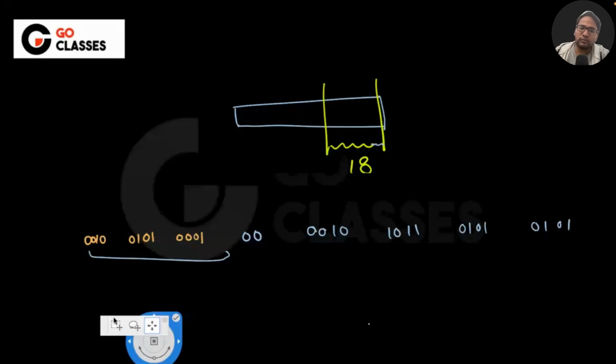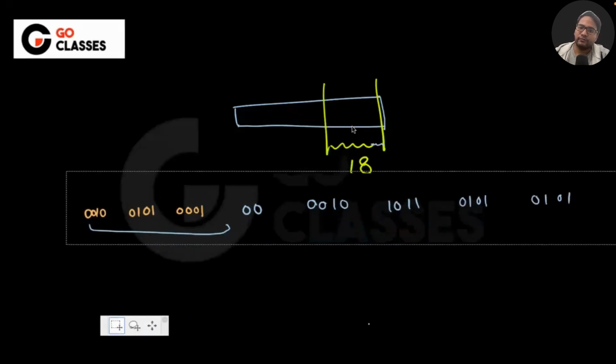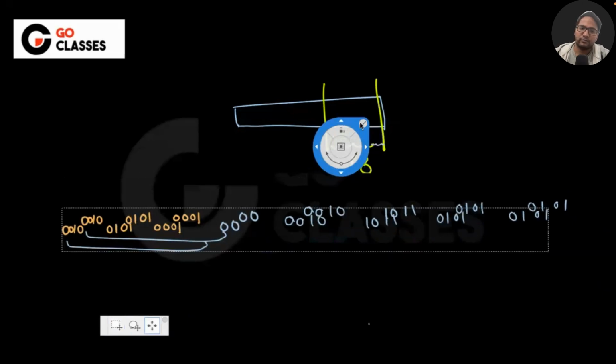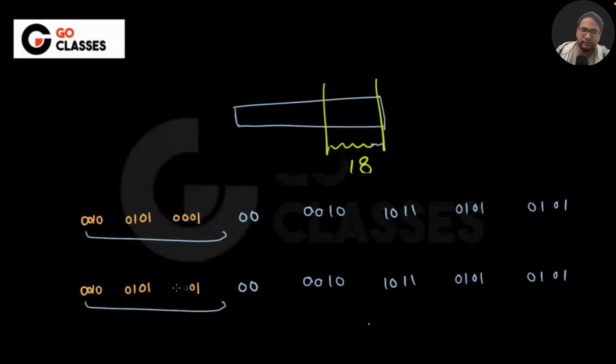Now this is mapping to some line. Can you tell me another address which maps to the same line? Isn't this address also mapped to the same line? Tell me.